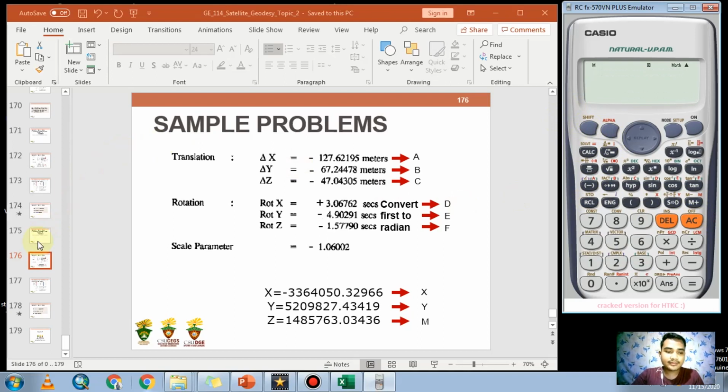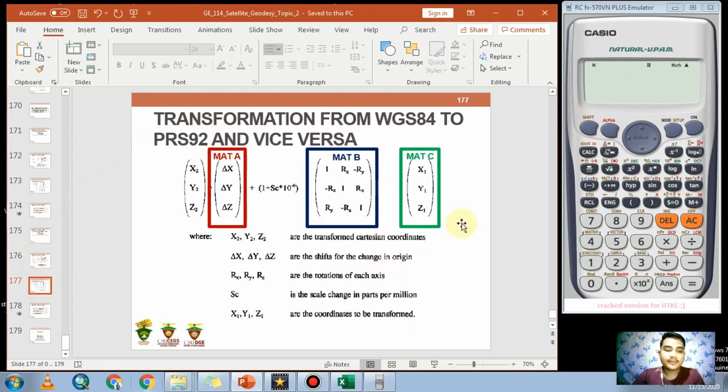Matrix A: mode, matrix 6. We enter matrix A as 3 by 1, and put in the translation X, Y, and Z, which are in A, B, C. Shift, alpha A equals, alpha B equals, and alpha C equals.